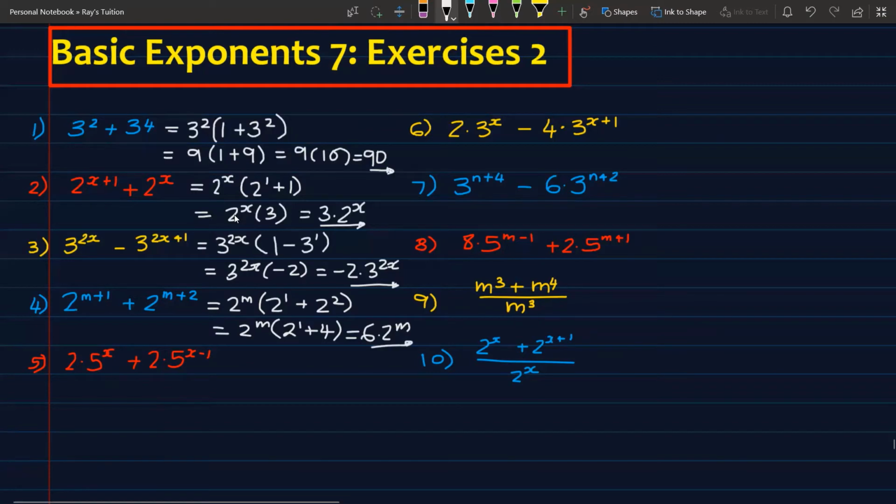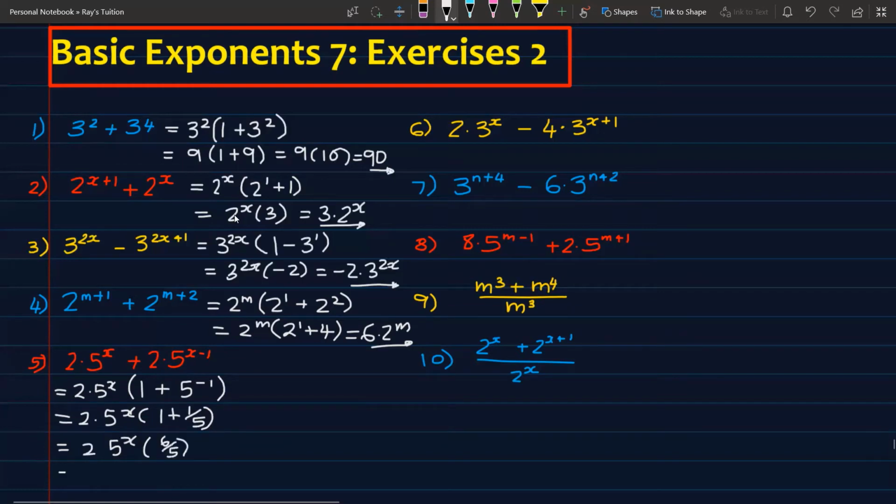Okay, let's have a look at this one. Now, what is common over here, they both have in common a 2 and a 5 to the power of x. So dividing this side, we get a 1. Plus, here if we divide 2 to the power of 5x minus 1 divided by 2 to the power of 5x, we get 5 to the minus 1. And remembering from your exponential laws, you can write this as 1 plus 1 over 5, which you can then simplify as 6 over 5.